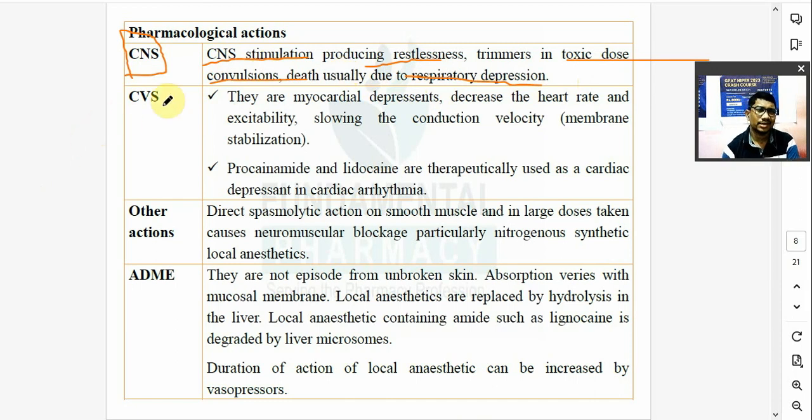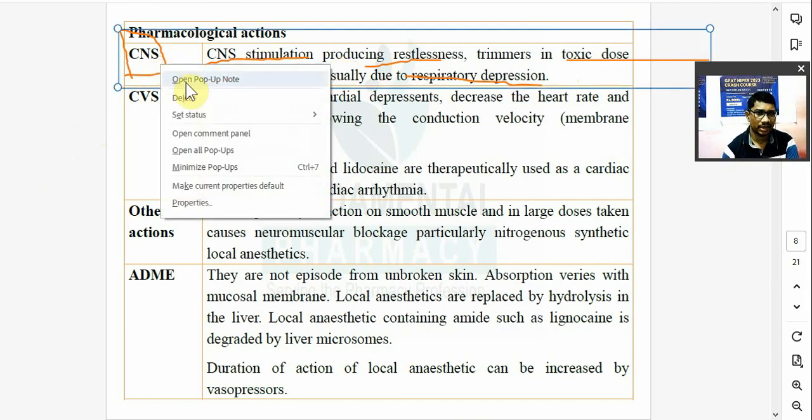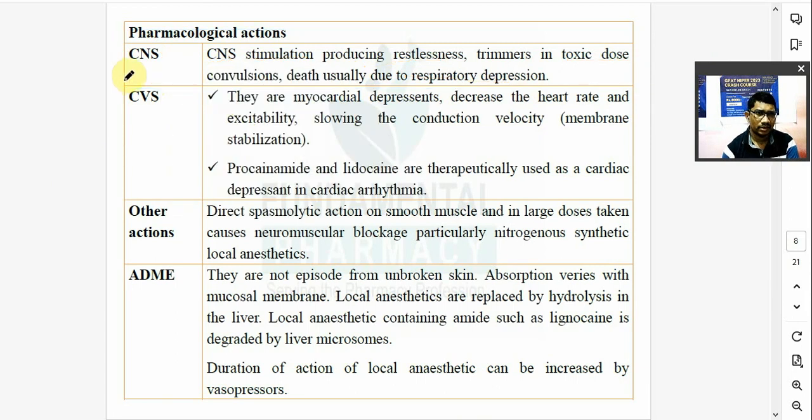So accidental injection of local anesthetic can produce a serious adverse effect. Normally it is not seen. Okay? Now whatever adverse effects are there, whatever actions are there on CVS, cardiovascular system के ऊपर क्या pharmacological actions है? They are a myocardial depressant as they are membrane stabilizers.